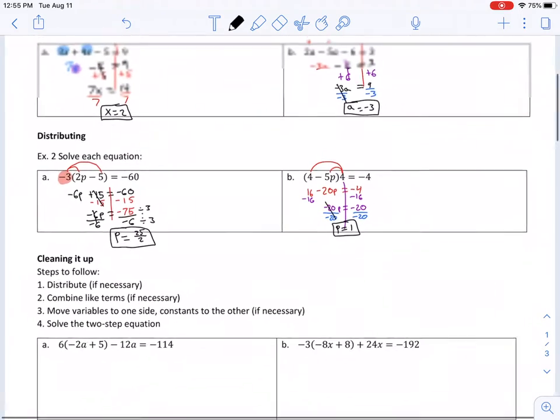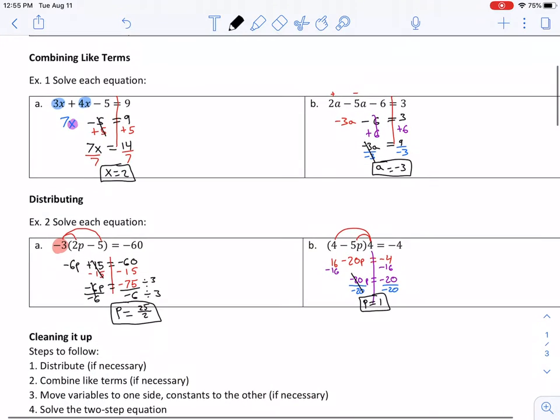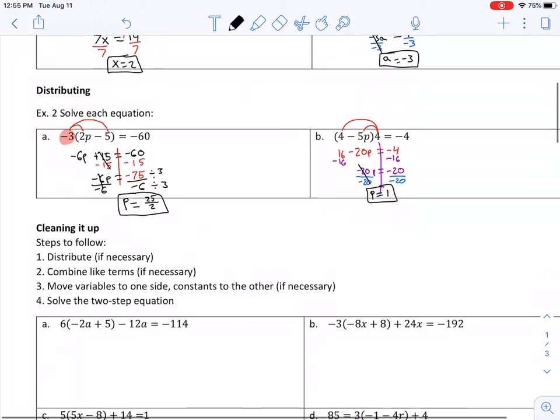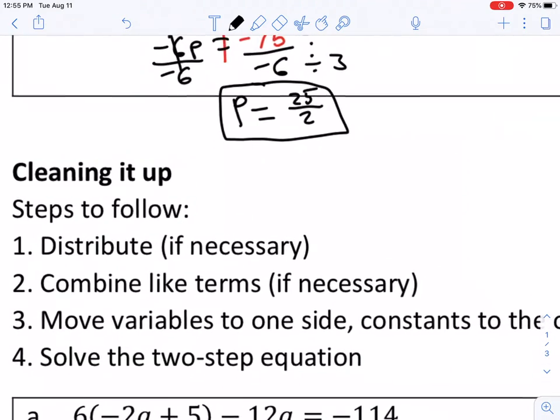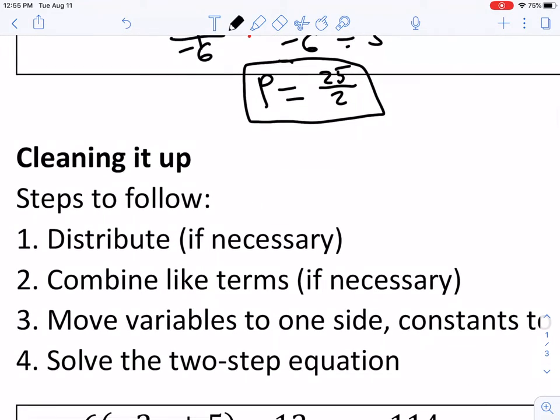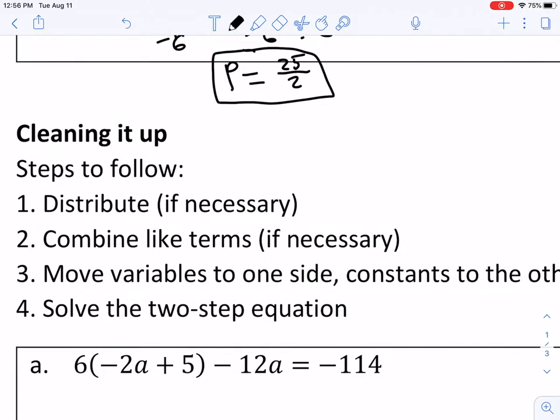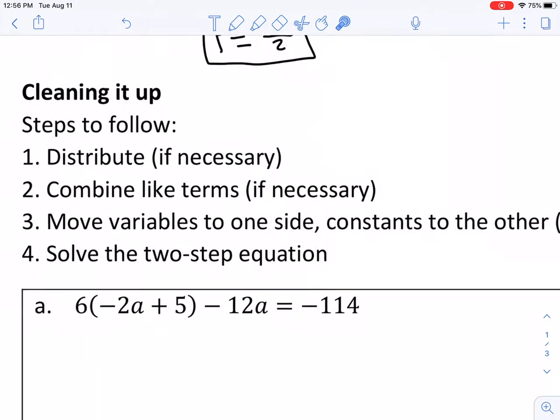So that's just kind of a brief introduction to combining like terms and distributing. Now we're going to solve some more complicated problems on these. So here are the steps. I'm always going to look to distribute first. After I've distributed, if necessary, then I will combine like terms, if I have like terms.